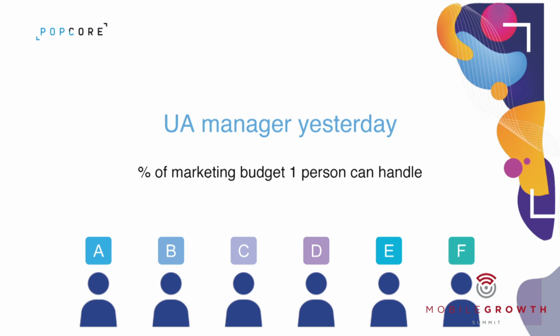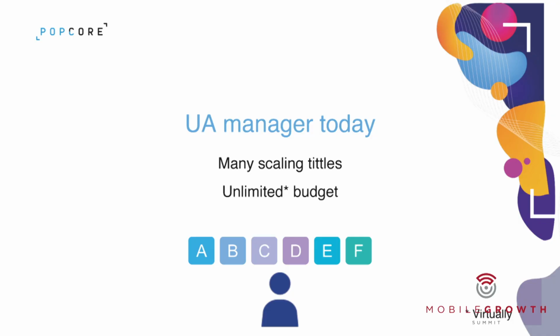Then you combine them into one dashboard or maybe one file, and you do something with this data. So it's a lot of work. Actually, until recent times at Popcore, I was the only UA manager full-time doing heavy lifting of 6 of our titles and several channels that we run. That's pretty intense, I would say.